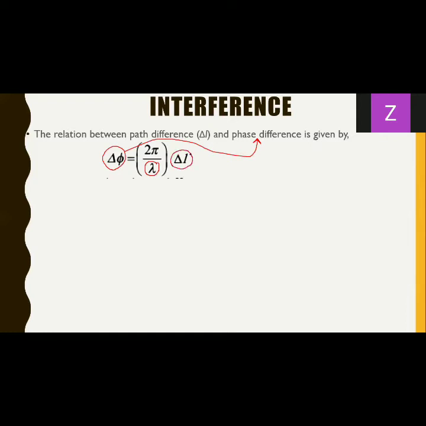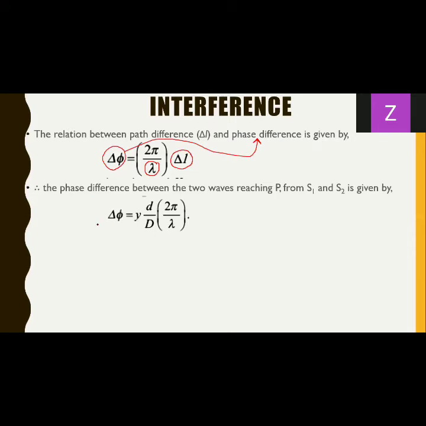So delta L kya tha? YD upon D. So on substituting, the phase difference at point P from S1 and S2 can be given as delta phi, delta L ke jagah pe this formula which we have already derived, YD upon D, and 2 pi by lambda as it is.